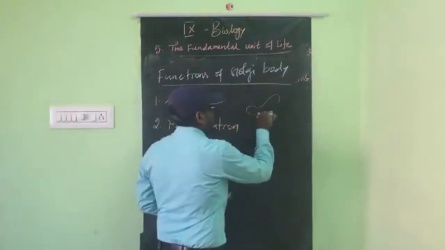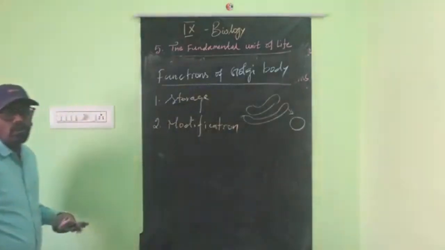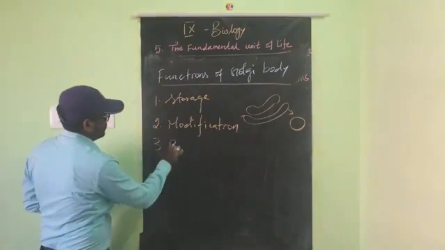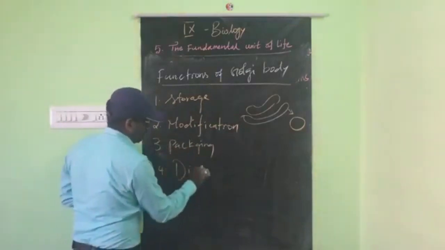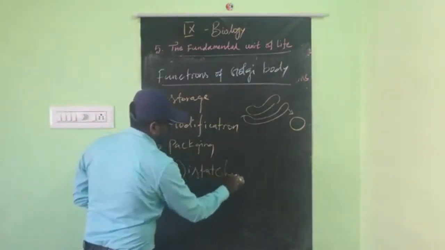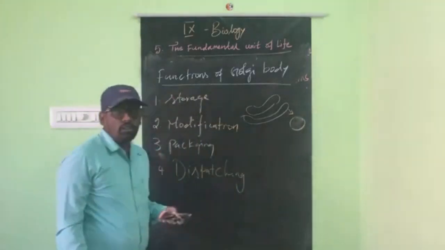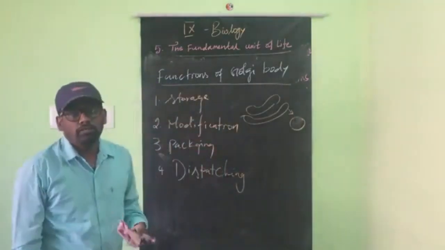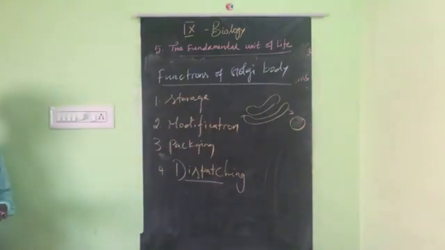First it is parallel to each other, then it forms the vesicles, so it is modified. The third one is packaging. And the fourth one is dispatching. What is dispatching? This vesicle stores some materials, and they are delivered to some other area of the cell. It is dispatching, it is delivering. So these are the major functions of the Golgi body.